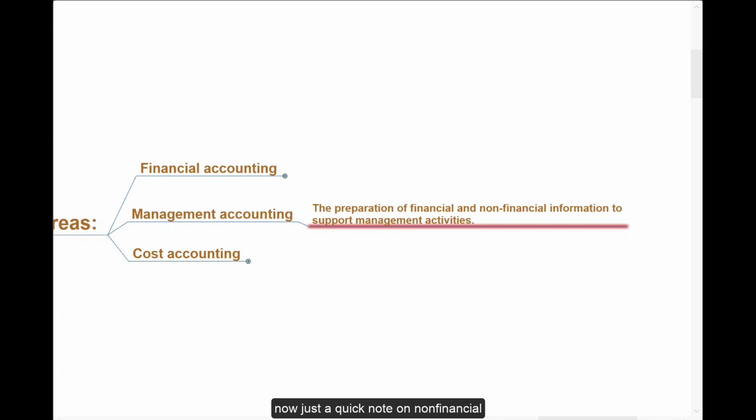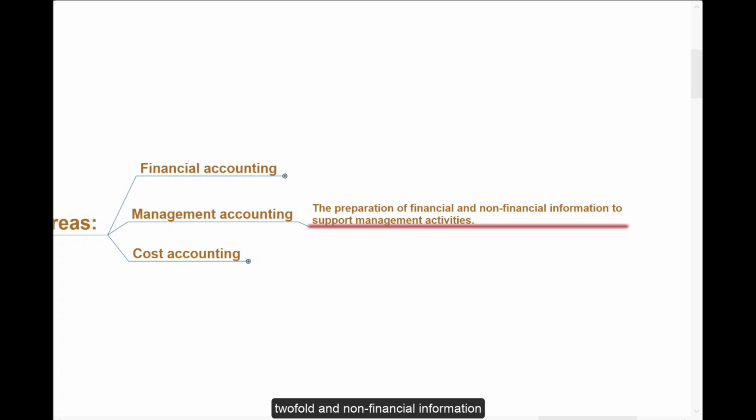Now, just a quick note on non-financial. That's an important area, and that area has become much, much more important over the last 10 to 20 years. And what I mean briefly, and this will influence various subjects in your ACCA qualification, is that reporting and indeed information that's produced for reporting can be twofold.